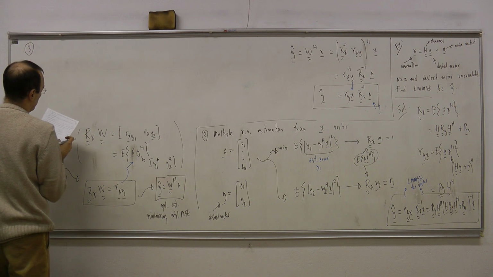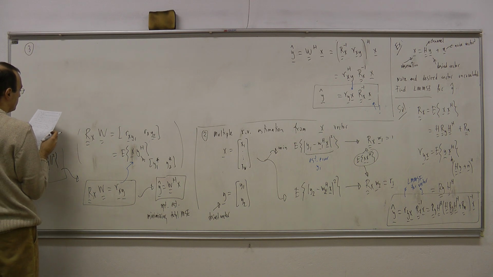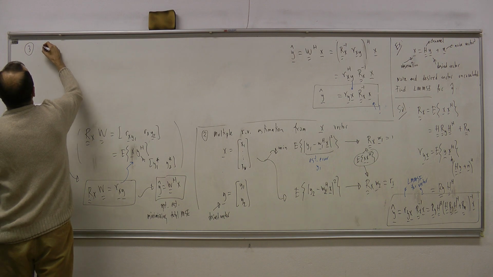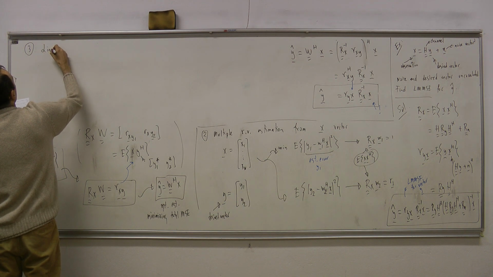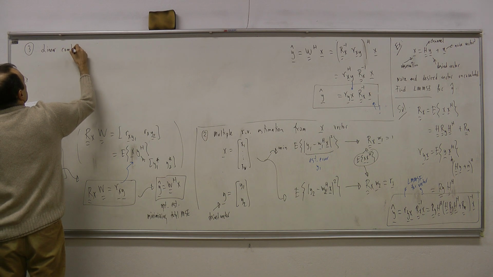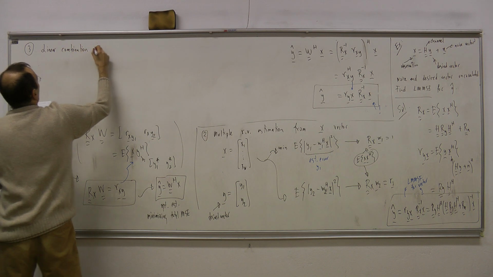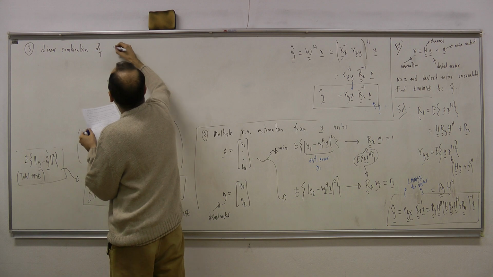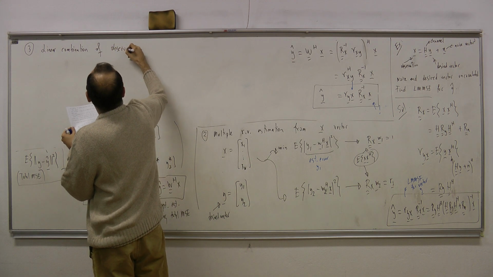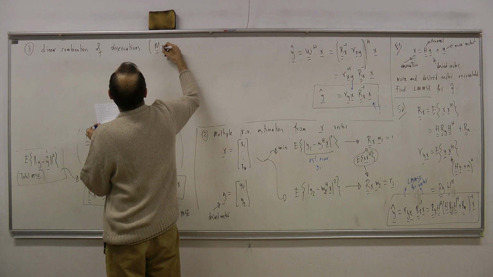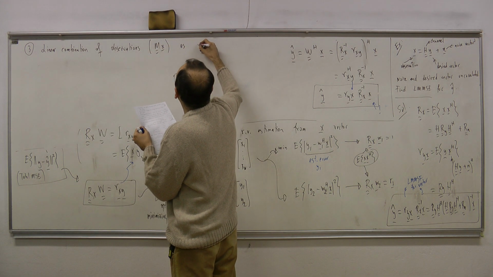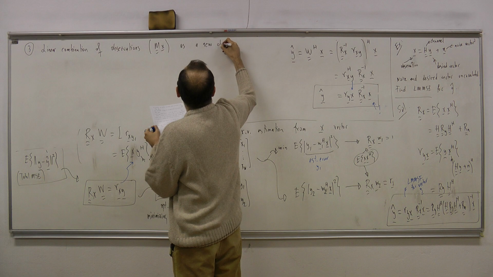So this is our third observation. Let's say a linear combination of observations, that is M times x, as a new observation vector.